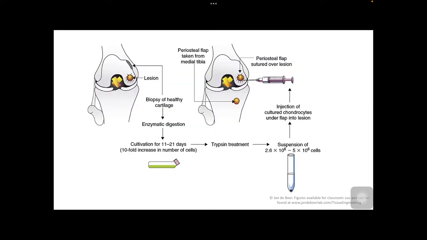One of the important strategies to regenerate cartilage is autologous chondrocyte implantation, right? If you have an isolated lesion in your cartilage, the lesion will be something like that. Probably the shape of the lesion will be quite irregular.